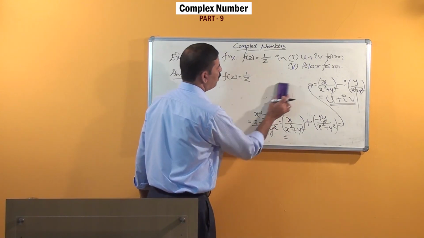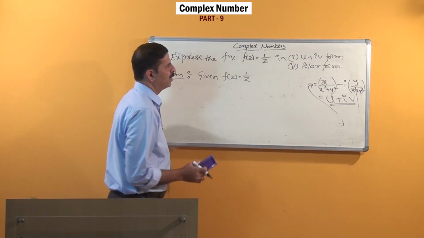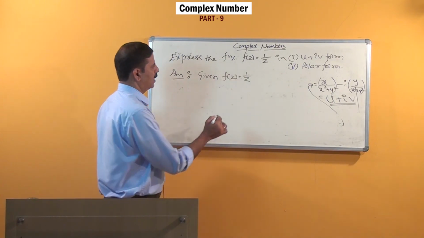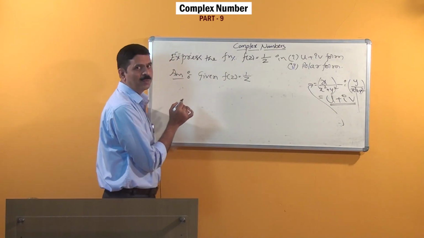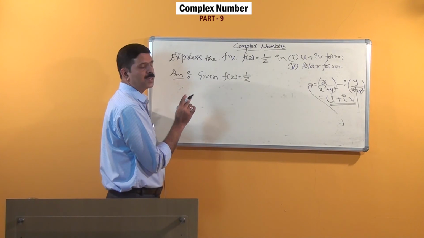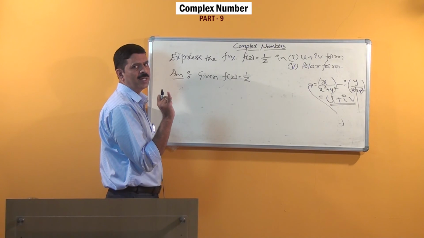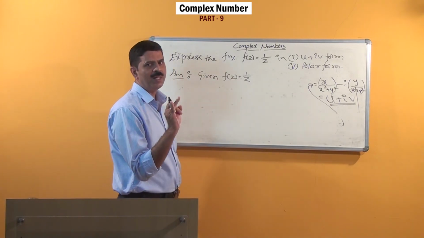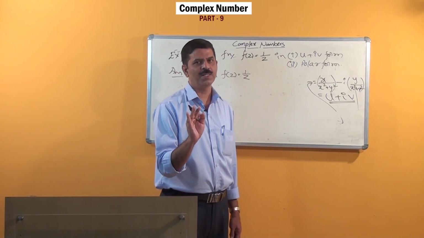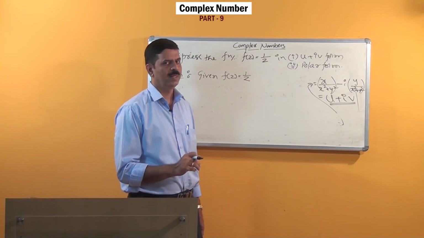Similarly, the second form given here is polar form. As I explained in the beginning, you can express a complex number in three different forms: one is Cartesian form, second is polar form, third is exponential form.